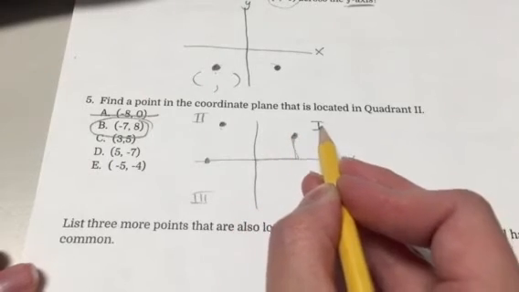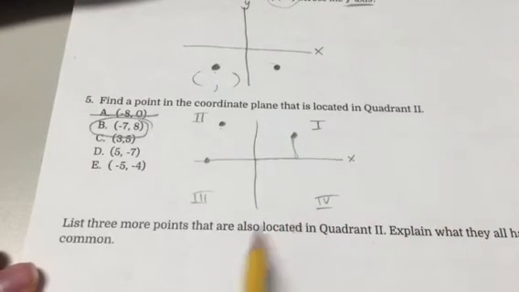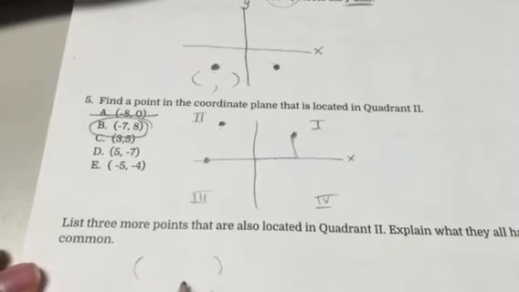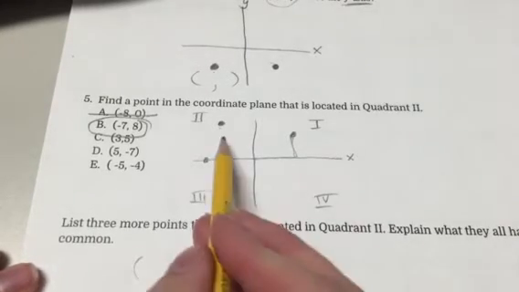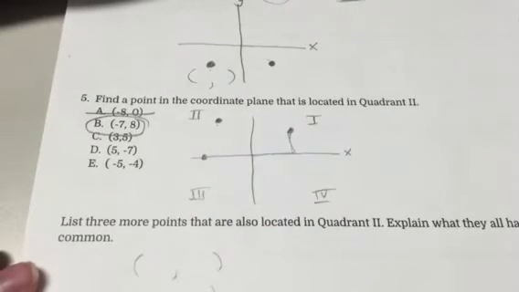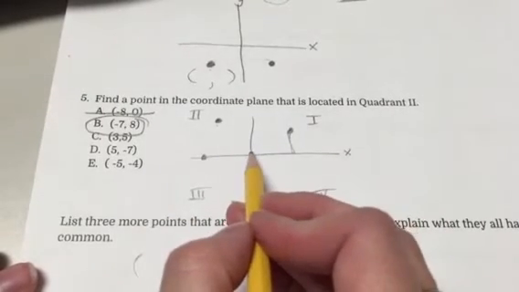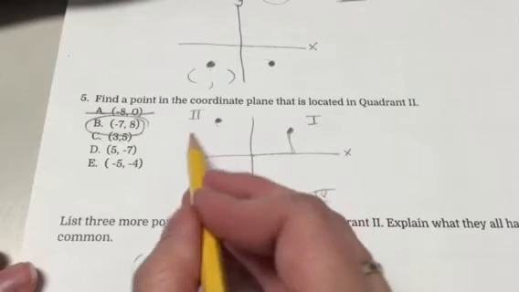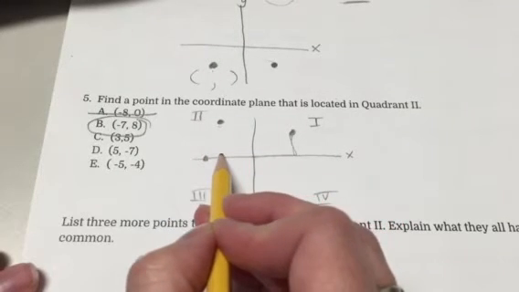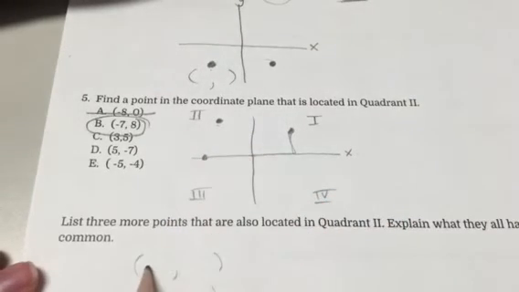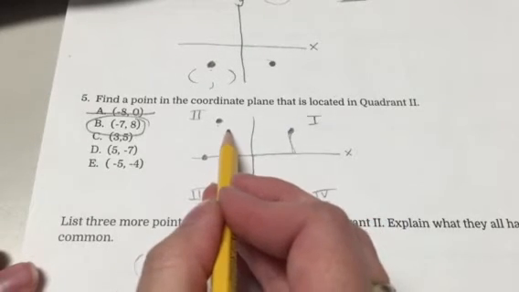That point would land you in quadrant 1. So they're asking you to have 3 more coordinate points that are also in quadrant 2. So I'll give you one. If I went to get in this quadrant, I would have to have a negative x value, such as negative 4. And then I would have to have a positive y to take me up.